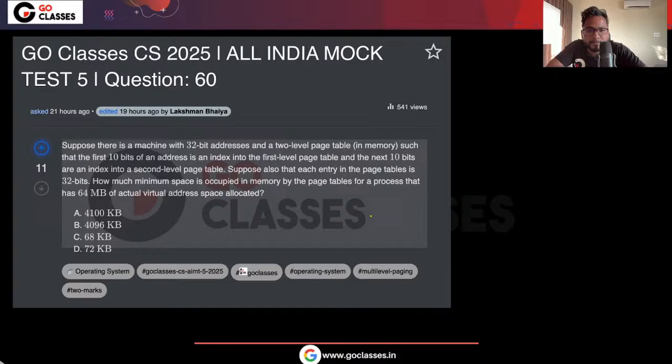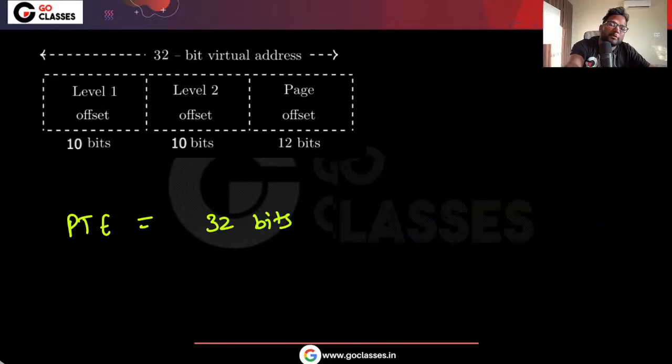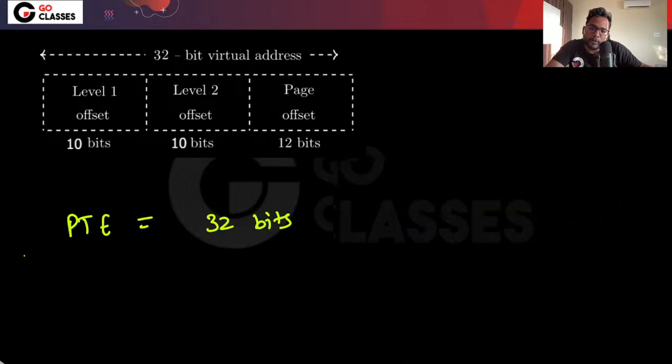That's what they are saying, right? 64 MB of actual virtual address space is allocated, so only 2 power 6 into 2 power 20, 2 power 26 bytes are actually allocated, out of 2 power 32. Let me write the process size also.